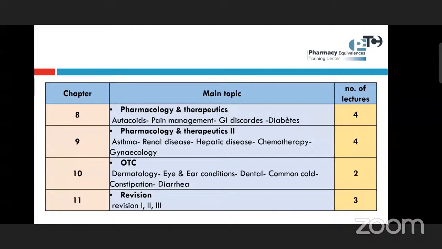And at the end of the course and before the exam time, we will have the revision. Revision here is a very important set of lectures. We have 3 lectures. The first one is related to paper 1, the second one mostly related to paper 2, and the third one is a mixture of questions from paper 1 and paper 2.